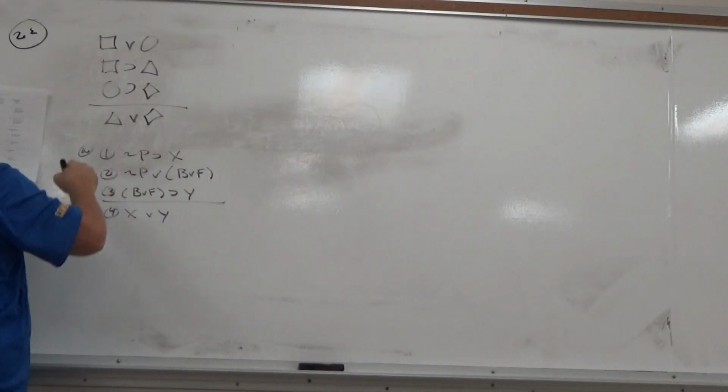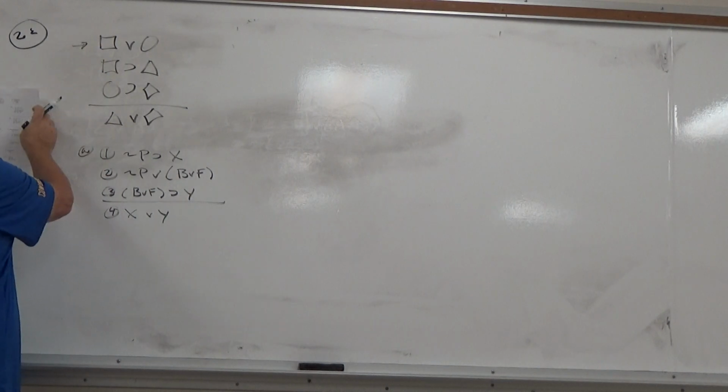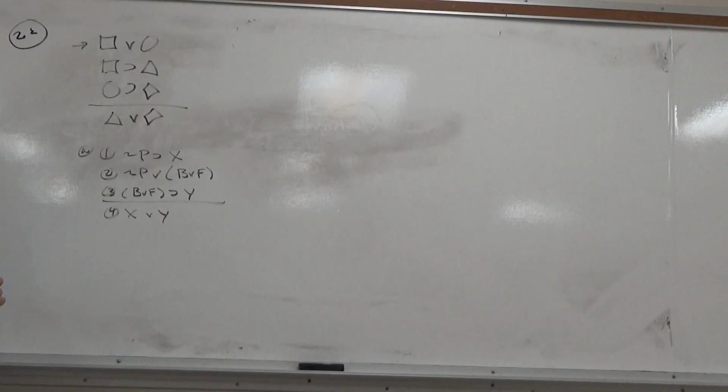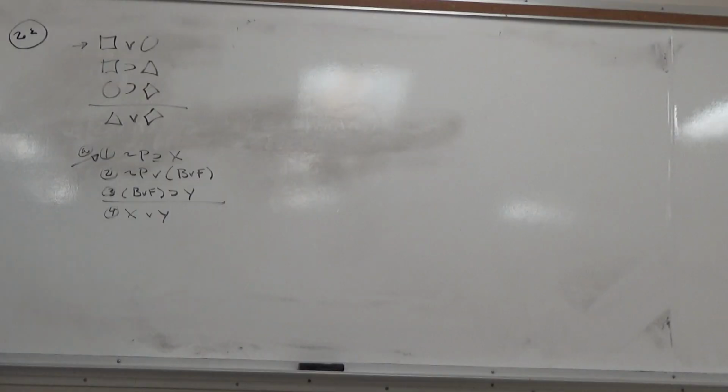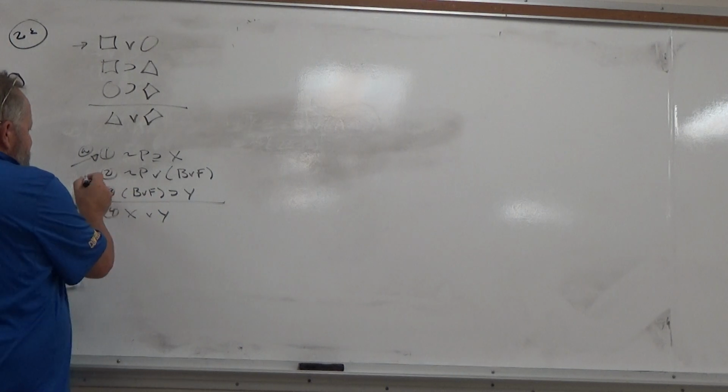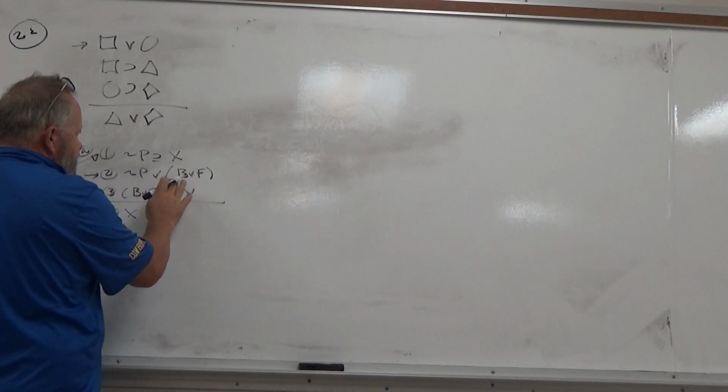If I look at this argument form, I notice that the first premise, the main logical operator, is an or. And I notice in line 1, the main logical operator is a then. So I want to reorganize this argument so that it more closely resembles that, and then we'll see if it is a substitution instance.